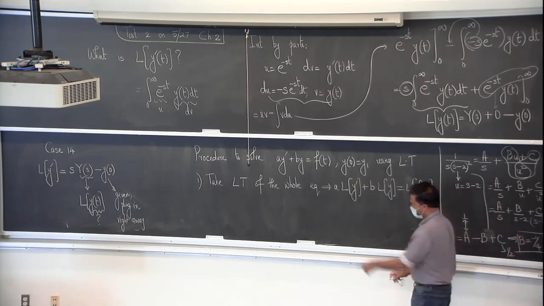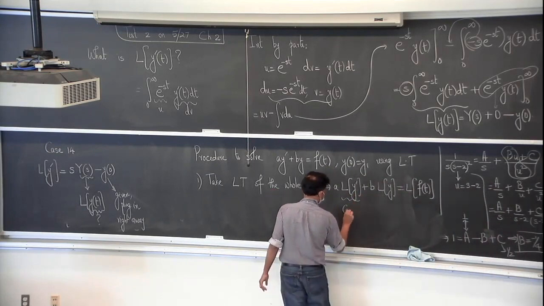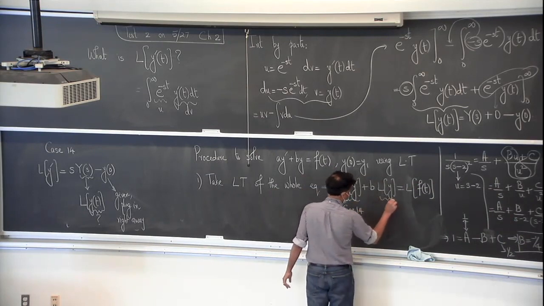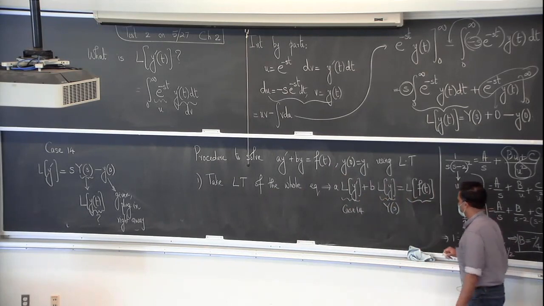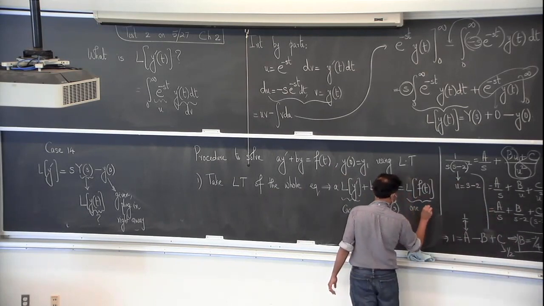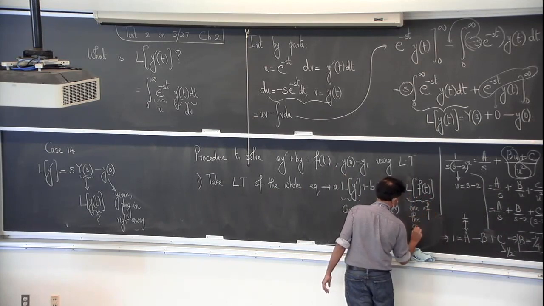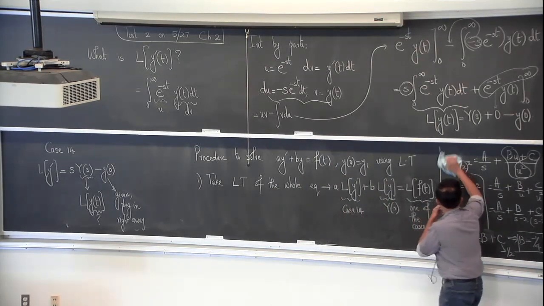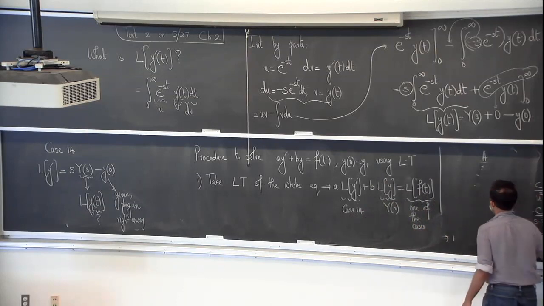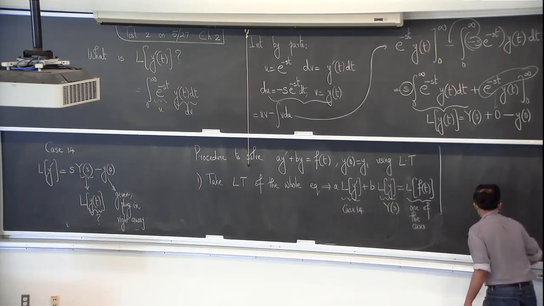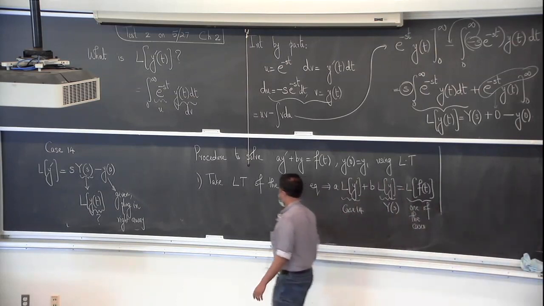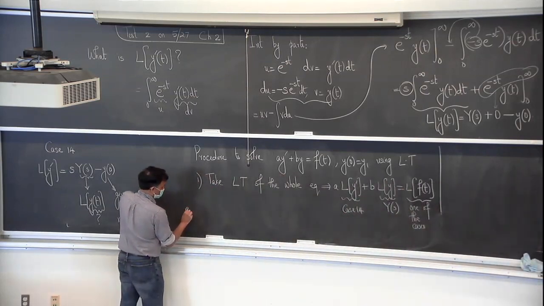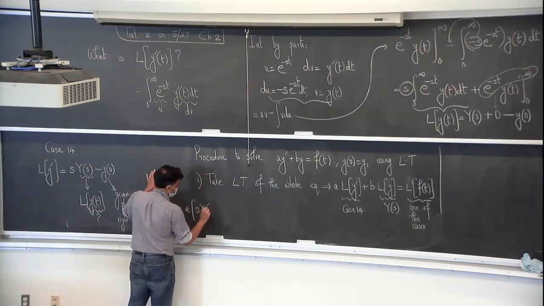Okay. And this is what you just did in case number 14. And this is capital Y of s. And this will be one of the cases from the table. Right? Look what happened. You just transformed a differential equation into an algebraic equation of Y of s. So you have something like this now. A times sY of s.